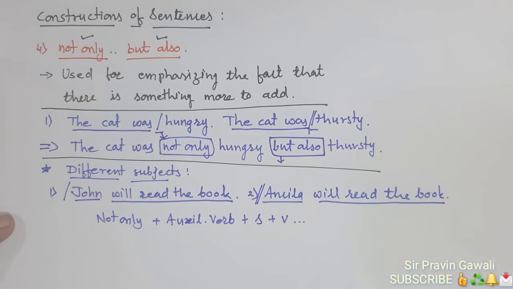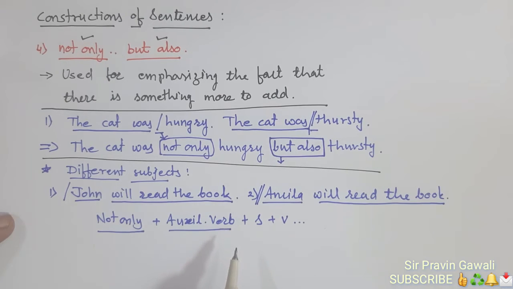So if you are using not only in the beginning of the sentence, then after not only we will use the auxiliary verb or helping verb. Students, have you understood now?